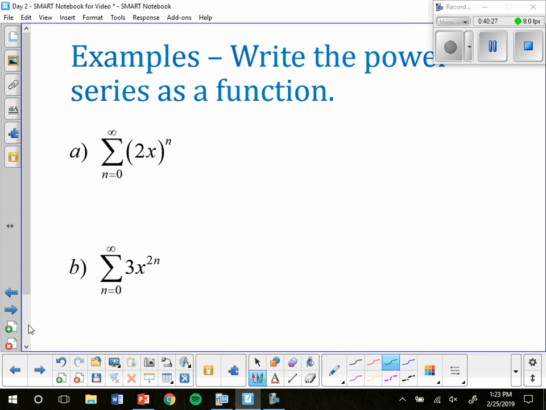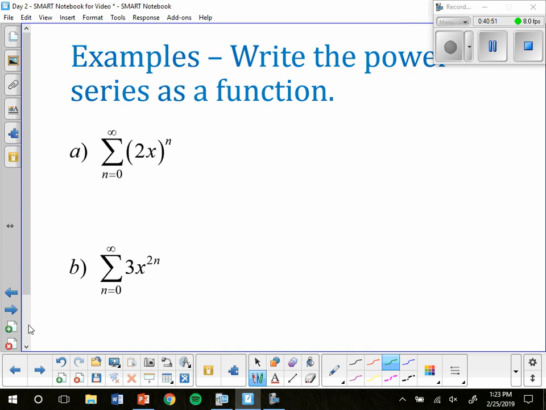My claim is that these power series we can actually write as functions in f of x equals form. What makes me think that? Because it looks like a r to the n. If my function looks like a over 1 minus r, I can write it as a series. If my series looks like a r to the n, I can write it as a function.